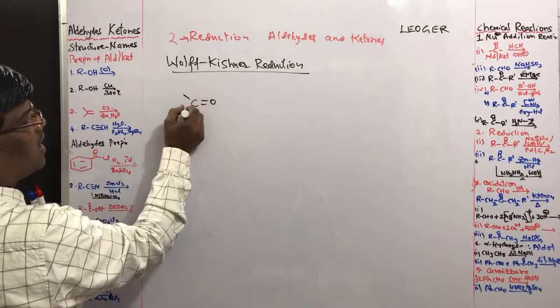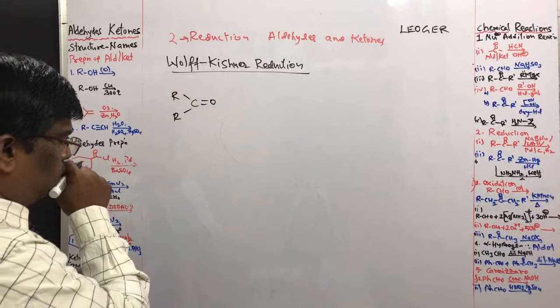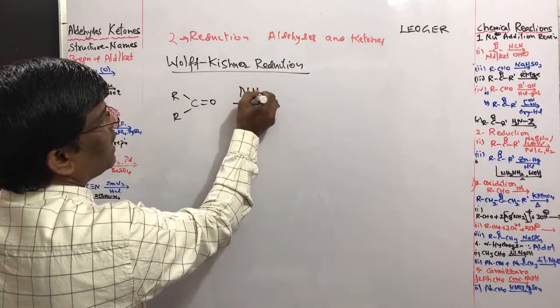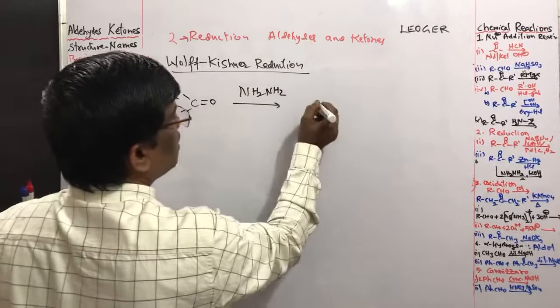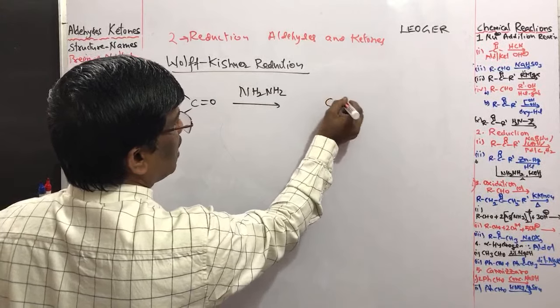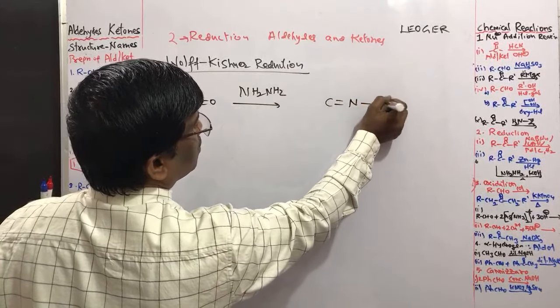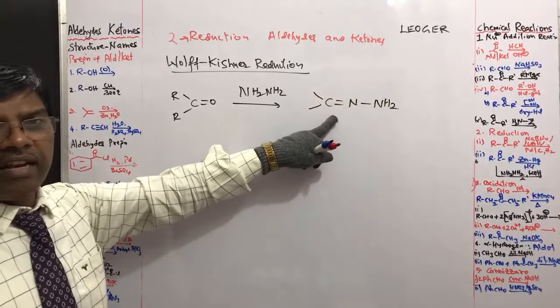So Wolff Kishner reduction, whether it is an aldehyde or a ketone, in the presence of hydrazine hydrate. What am I going to get? When I treat the ketone or aldehyde with hydrazine, I get a hydrazone. This hydrazone can be isolated.